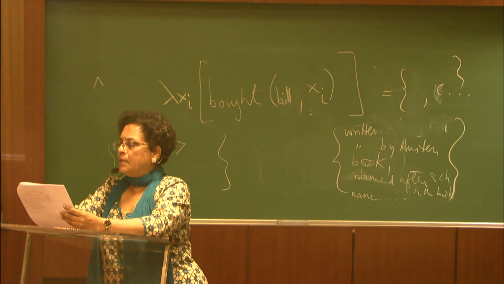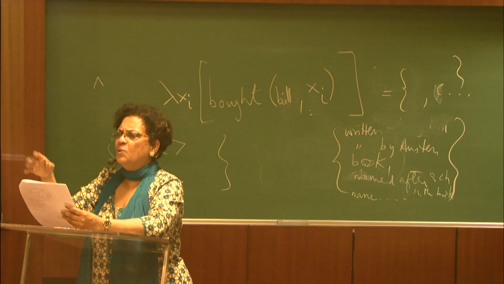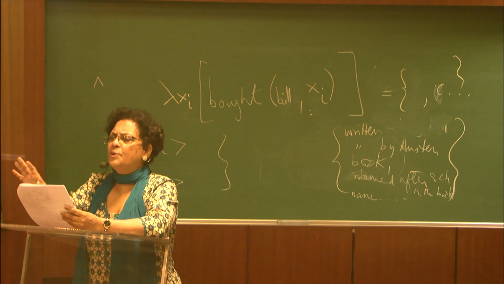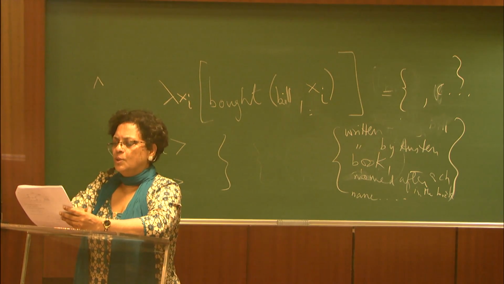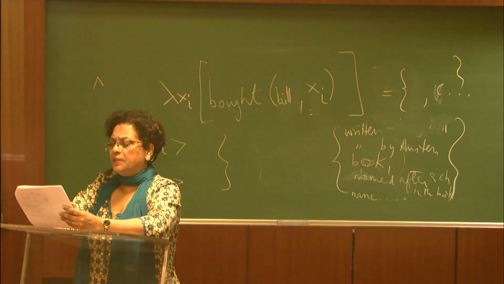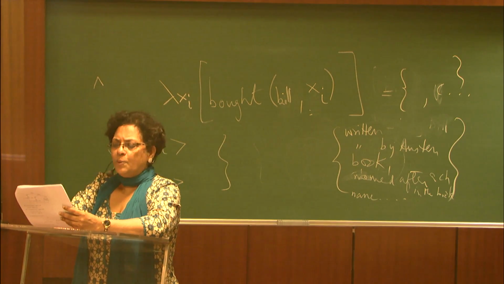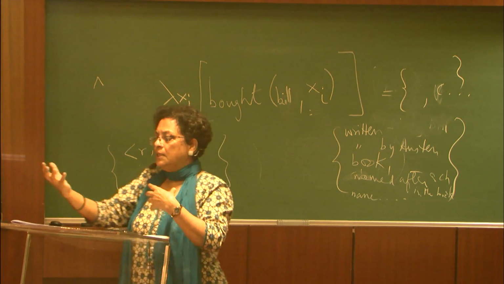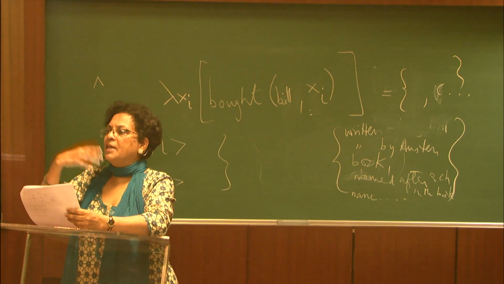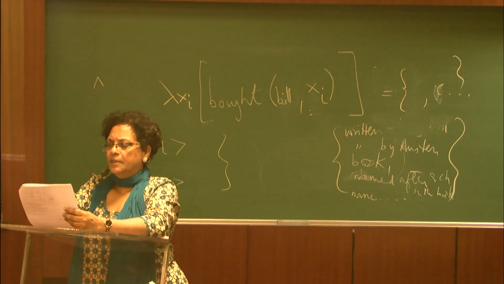So I do lambda, okay, ignore all this intensional stuff. Basically, you're doing functional application. You just have to make it into a proposition. So what is the argument of C? It's this IP. So I make it into a proposition just like I had done earlier.